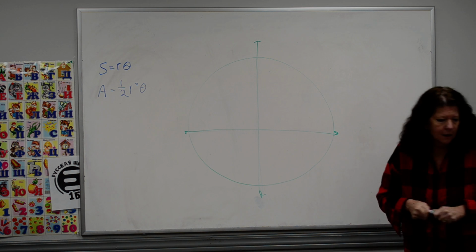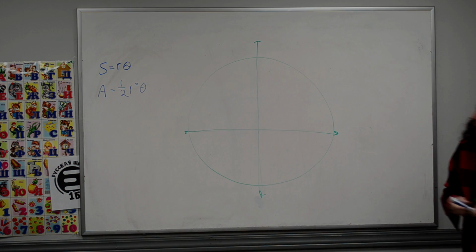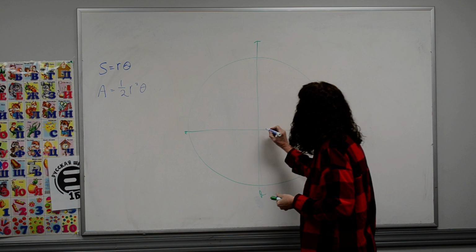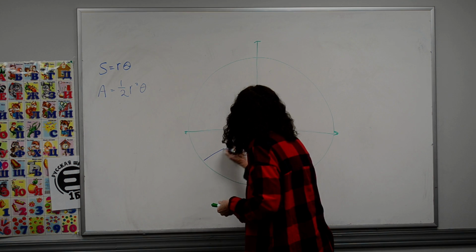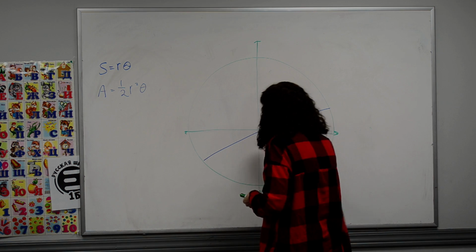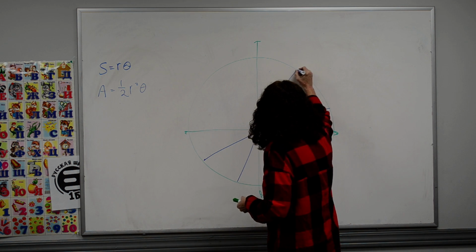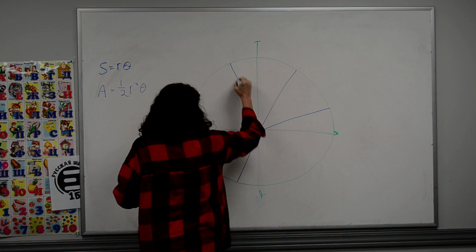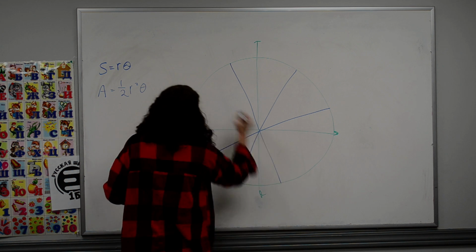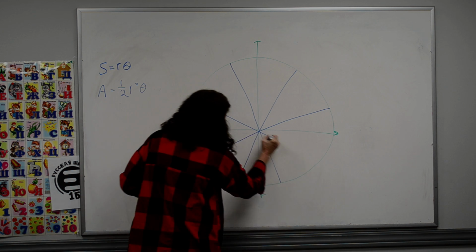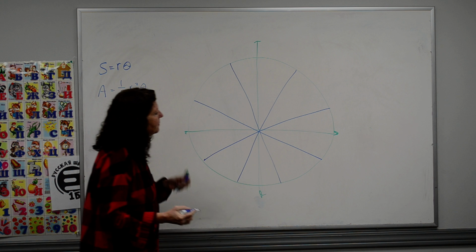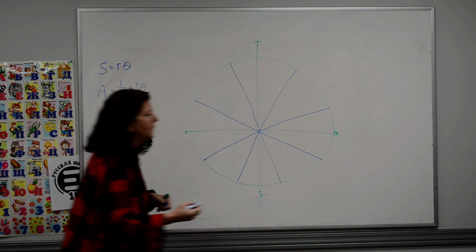Let's do the 30-degree angles first, okay? So basically, I'm going to draw, now remember drawing doesn't count. Okay, what I've done is I basically put 30-degree lines all the way around it.